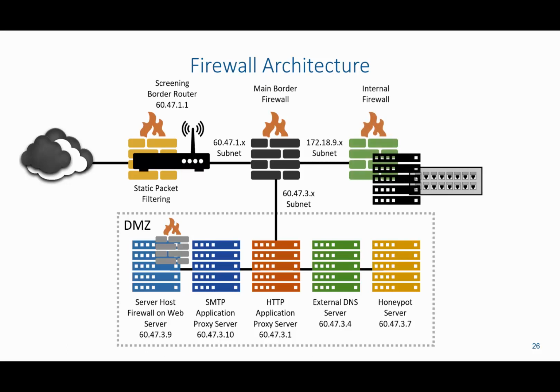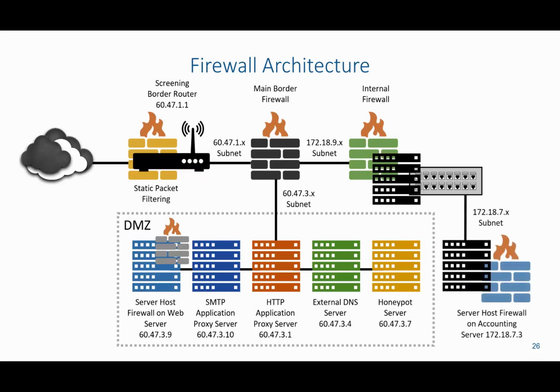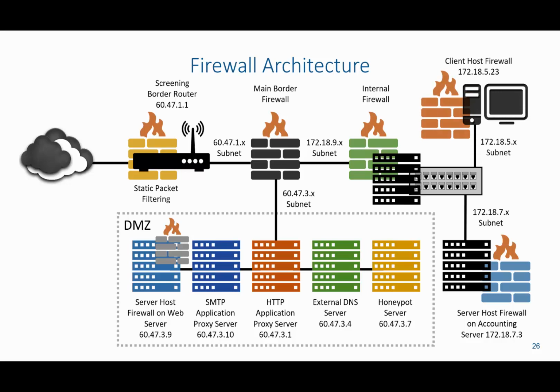Additionally, we'll want internal firewalls that are going to scan packets as they come in from the border firewall. And then we'll have host firewalls as well, such as a server host firewall on an accounting server or on a personal device. We want to ensure that each device has these firewalls. As you can see, firewalls become pretty comprehensive and exist across multiple devices.